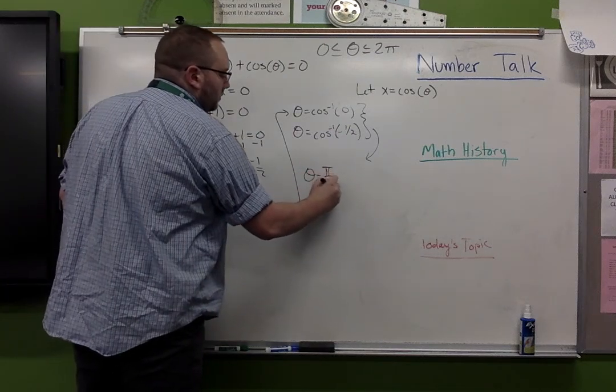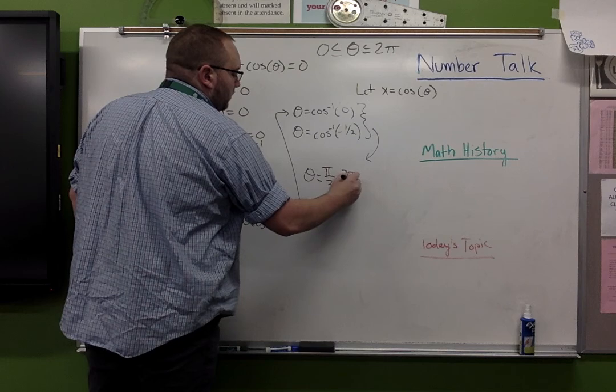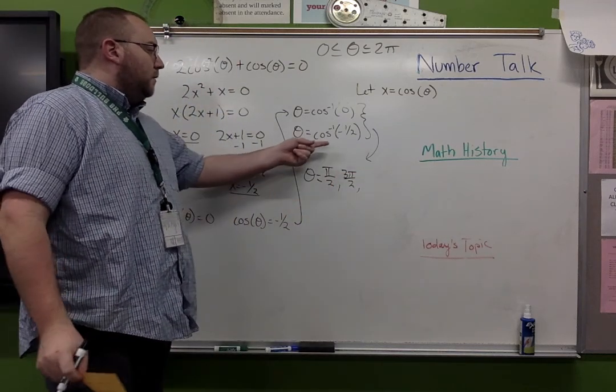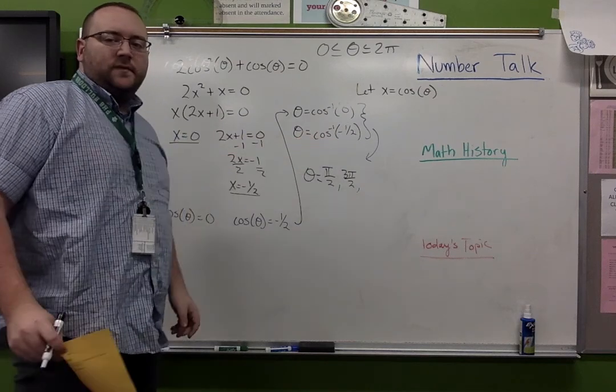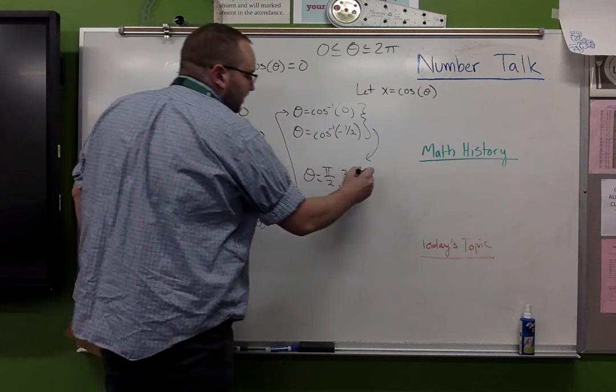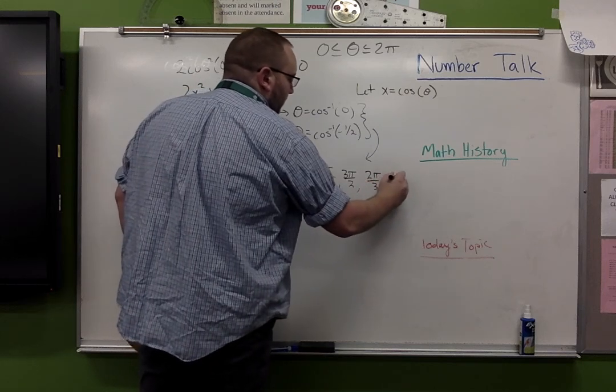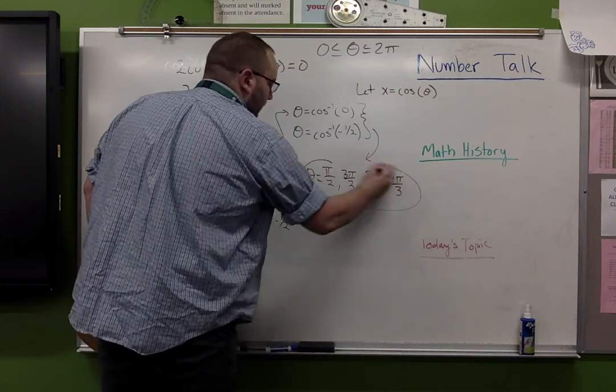Pi over 2, 3 pi over 2. What angles, when you take their cosine, give you negative 1/2? That is 2 pi over 3 and 4 pi over 3. And those are your answers.